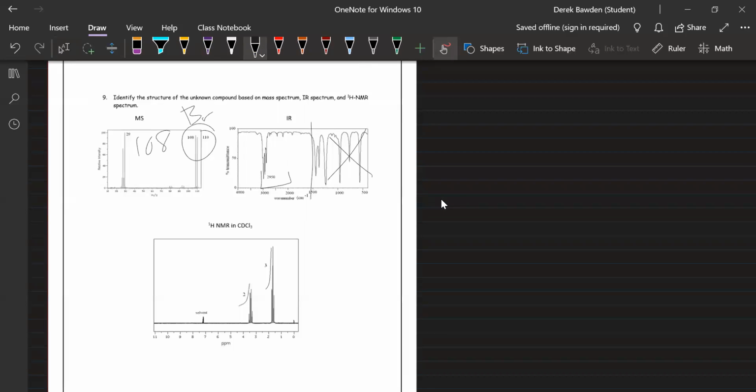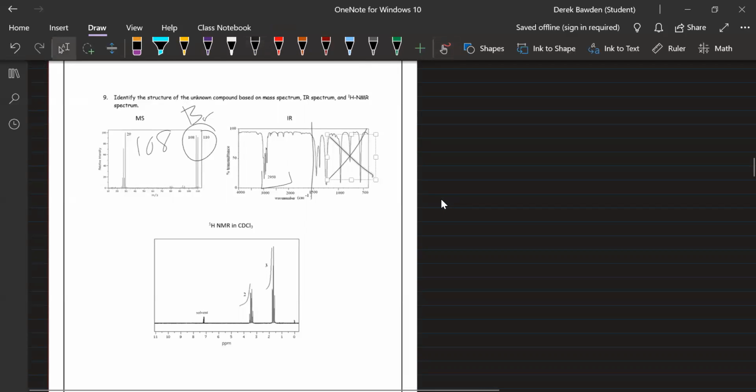We know we just have sp3 CHs. And then we've got 2 hydrogens with, it looks like 1, 2, 3, 4, 3 neighbors. Do you guys agree? Yes. 3 hydrogens with 2 neighbors. Yeah. And then that peak down there is solvent, so we don't need to worry about that.